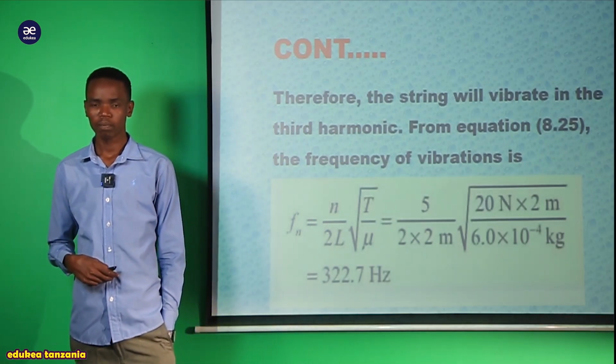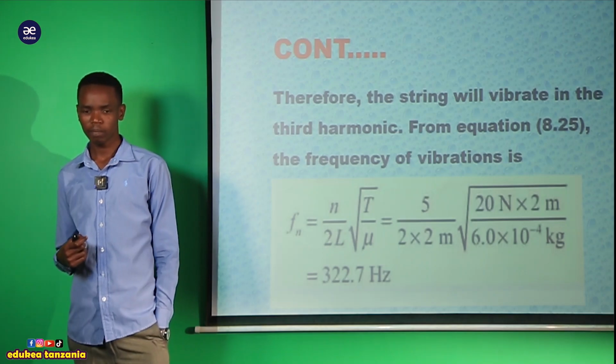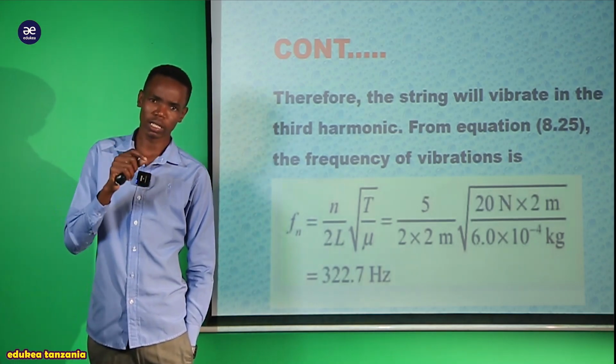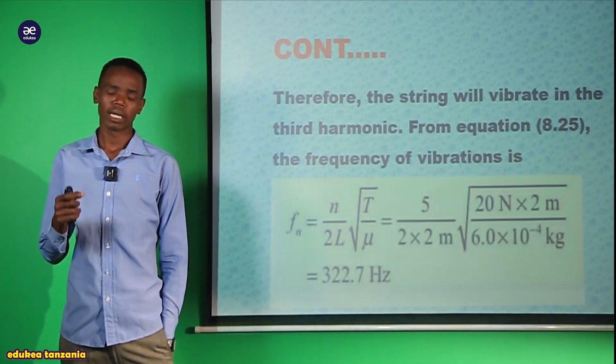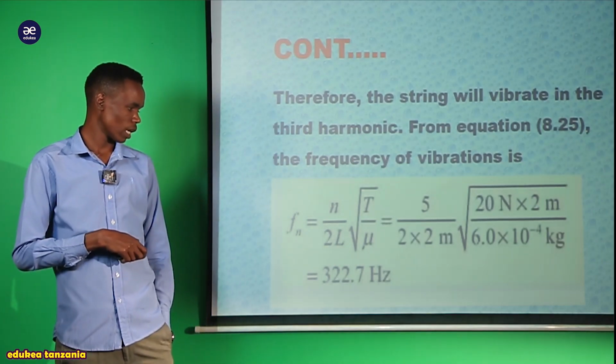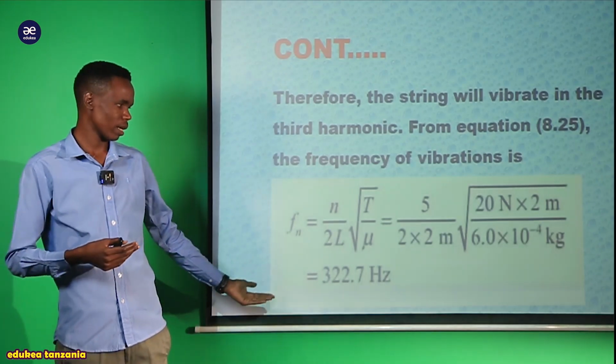we should say that the frequency that could make this wire, this string, vibrate might be equal to 322.7 hertz. Most of you ask how this answer comes about.